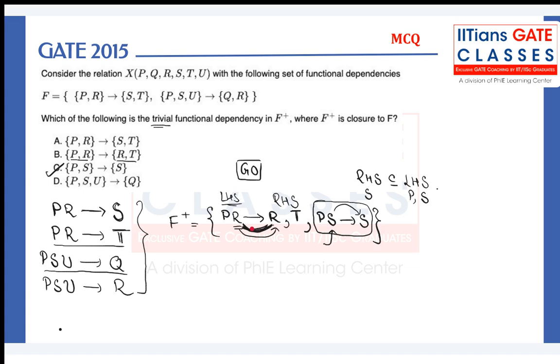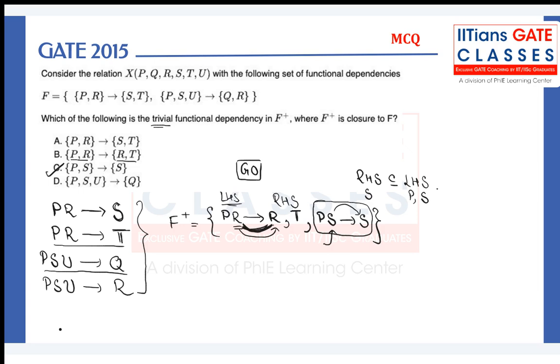So please, if you go to GATE Overflow, don't be confused. Even the best person there has cleared that concept out. It's very simple: if the RHS is a subset of LHS, it's a trivial functional dependency, or else it's not.